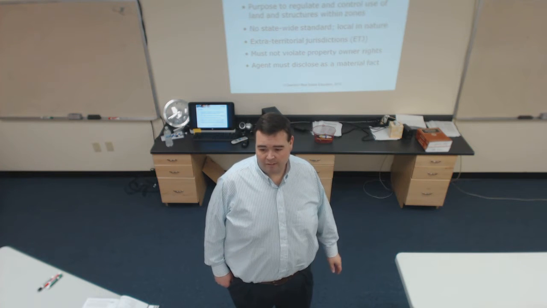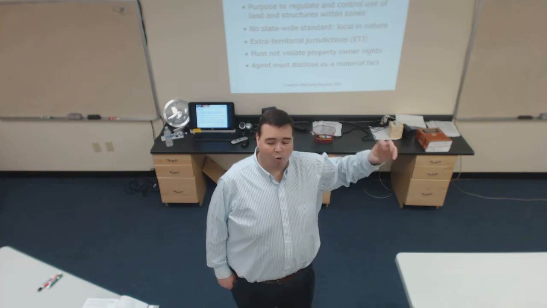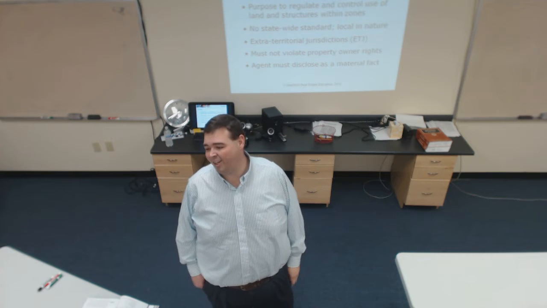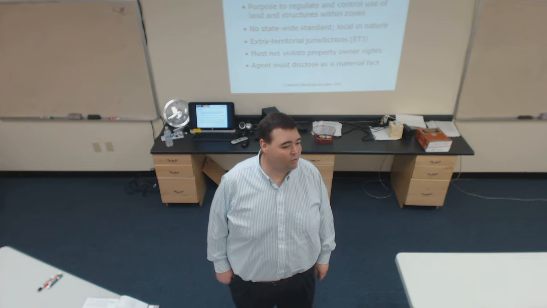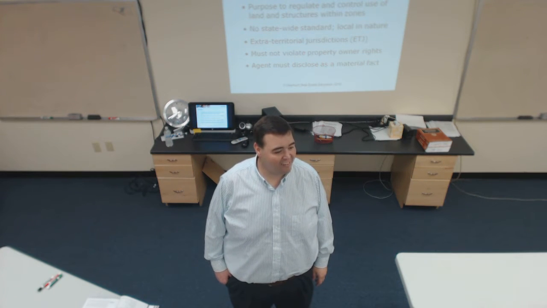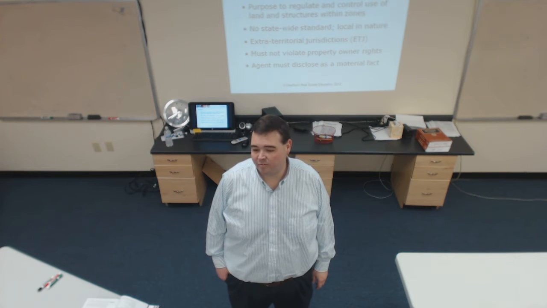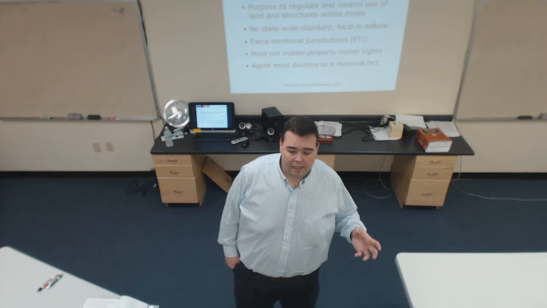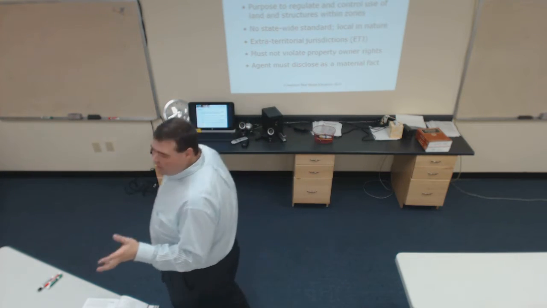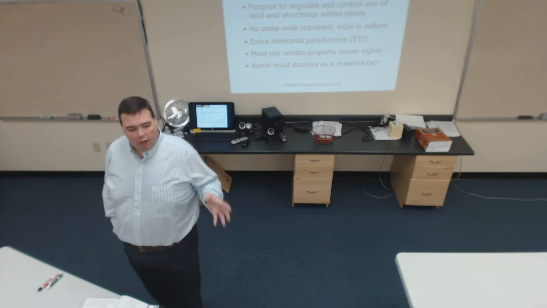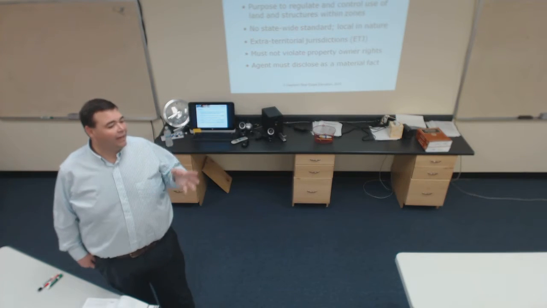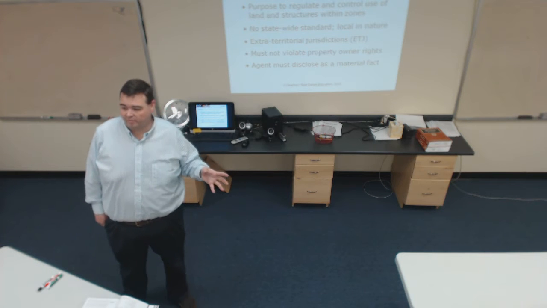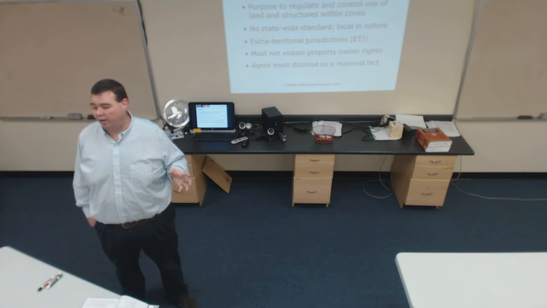But if they want to operate a home business and Raleigh zoning says you can't do it, guess whose rules they have to follow? Raleigh's. That is what an extraterritorial jurisdiction is. It's property located outside of the boundary, but they still have to follow the rule.